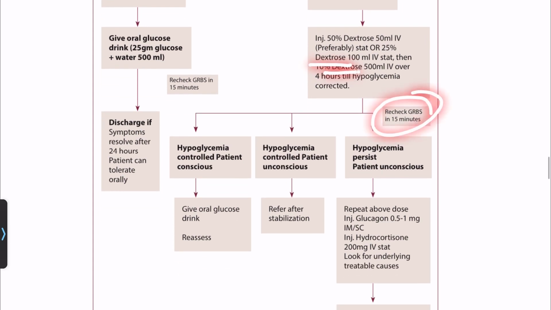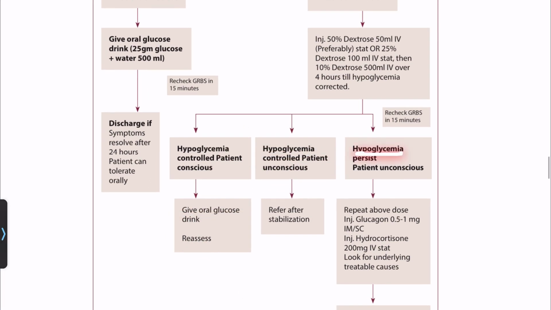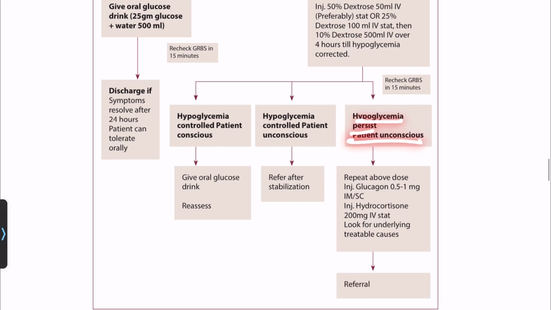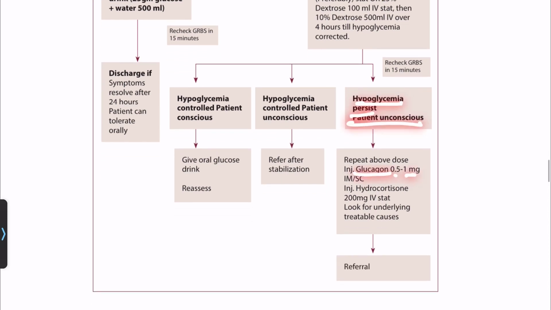We will check the GRBS in 15 minutes. If the hypoglycemia is controlled and the patient is conscious, we will give an oral glucose drink. If it is controlled but the patient is unconscious, we will refer after stabilization in monitored areas. And if the hypoglycemia persists and the patient is unconscious, we can give glucagon 0.5 to 1 mg IM or subcutaneously, and hydrocortisone, a glucocorticoid, 200 mg IV stat, to increase the blood glucose level.